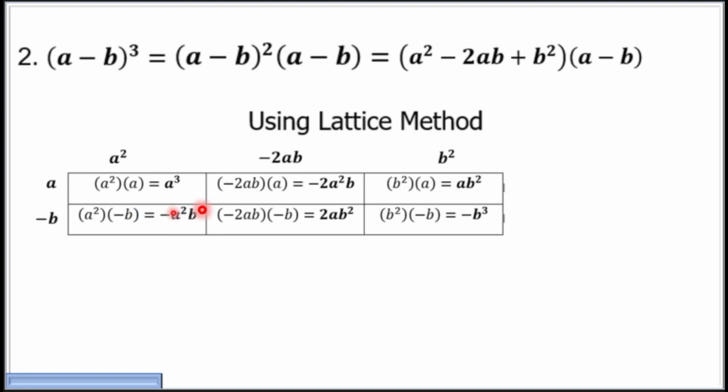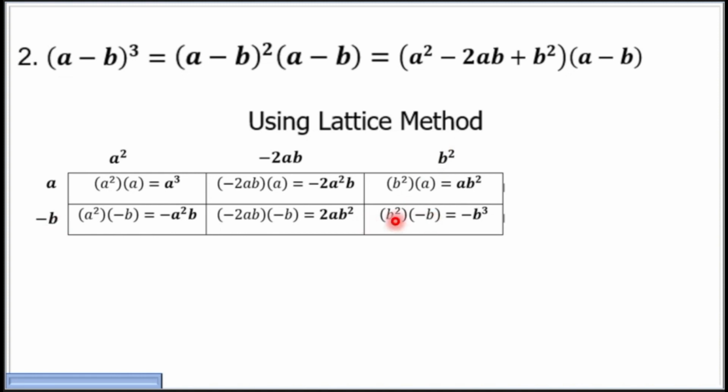Okay? So negative 2ab times negative b. 2 times 1 is 2. Negative times negative is positive. A times nothing, copy a. There are two b's, so b squared. By the way, this one is positive because negative 2 times negative 1 is positive. Proceed: b squared times negative b.